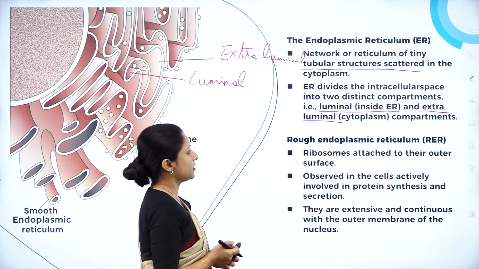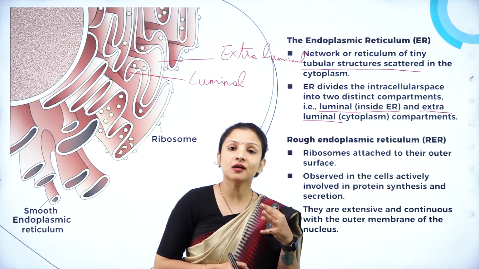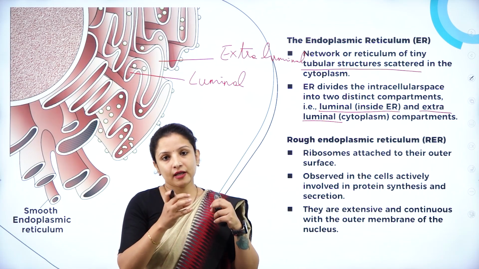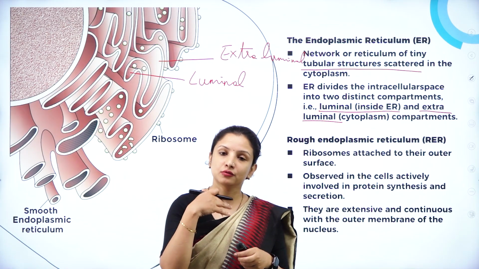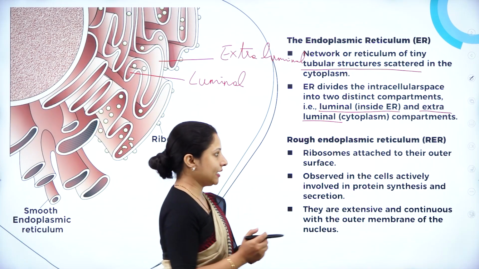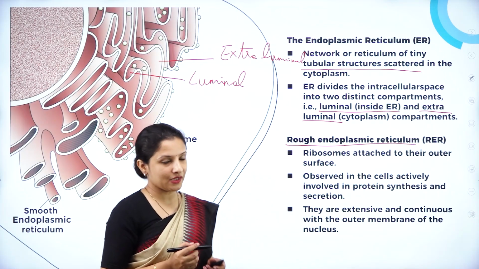So endoplasmic reticulum, as I told you, is a continuity of the nuclear membrane, and depending on whether it has ribosomes on it or not, it is of two types: rough endoplasmic reticulum and smooth endoplasmic reticulum.